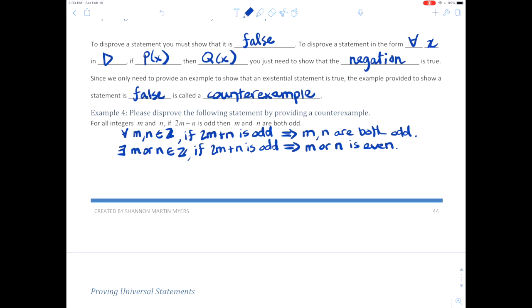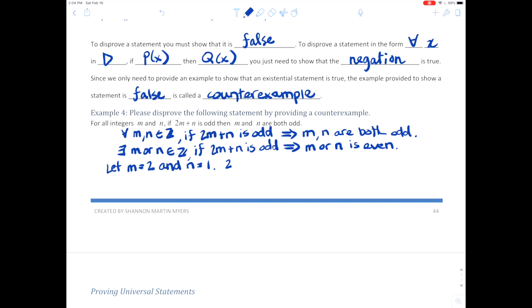Remember, we want the sum to be odd. We want to find at least one even integer to plug in for m or n. So why don't we let m equal 2? And we can let n equal, I don't know, what do you want to let it equal? How about 1? What are we going to have?